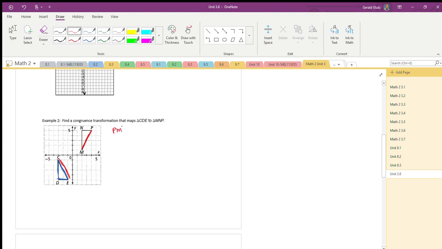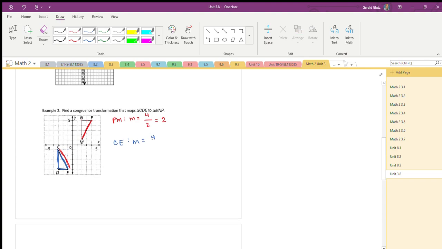So PM has a slope of, so remember M stands for slope. So I go up 1, 2, 3, 4. So 4 divided by, and then I go right, 1, 2. 4 divided by 2, if I reduce that, it becomes 2. So the slope is positive 2. If I find the slope of CE here, so we go up 1, 2, 3, 4, and left 2.